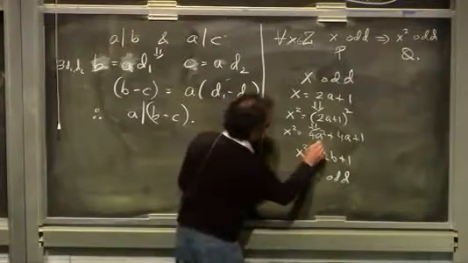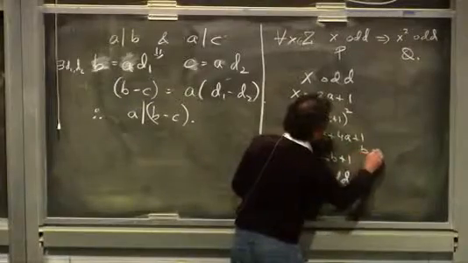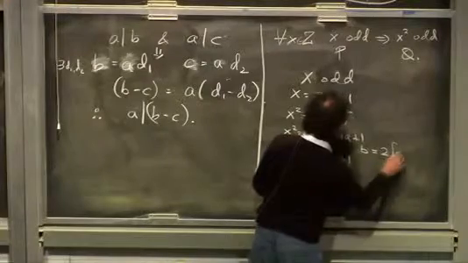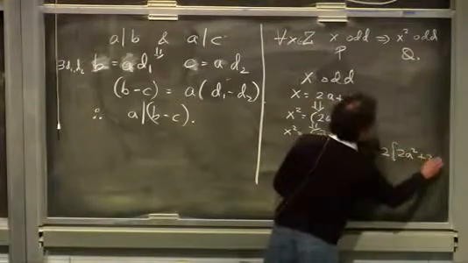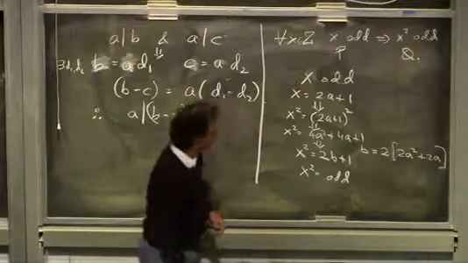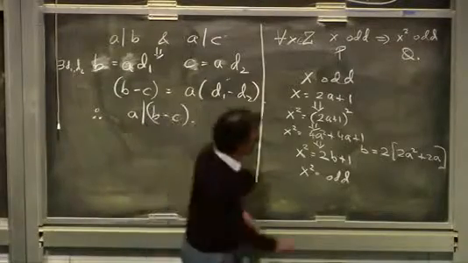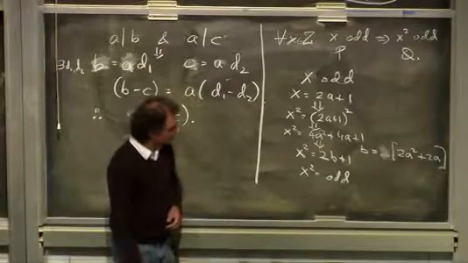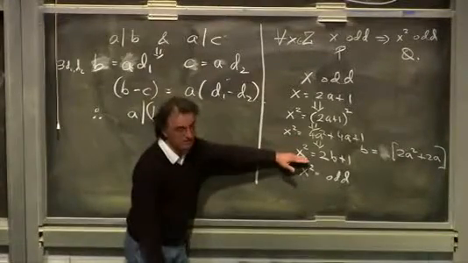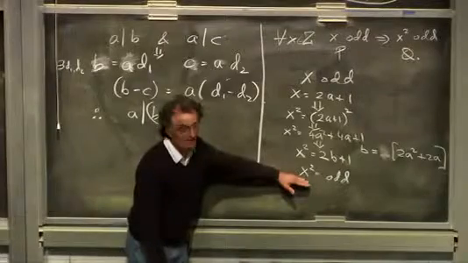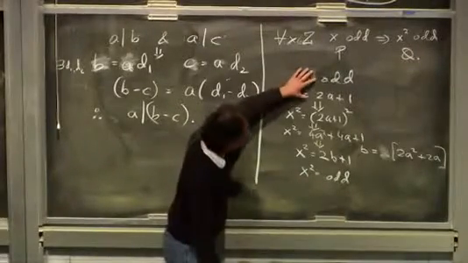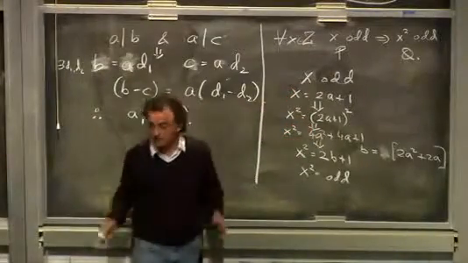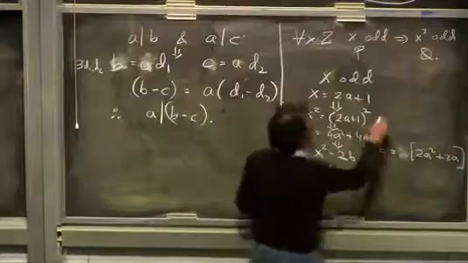And now, putting in b equal to 2a squared plus 2a, we have x squared equal to 2b plus 1. Therefore, it's odd. So we filled in our implications. We started from here, we wanted to go here, and we filled in the baby steps. That's our proof. This is called a direct proof.